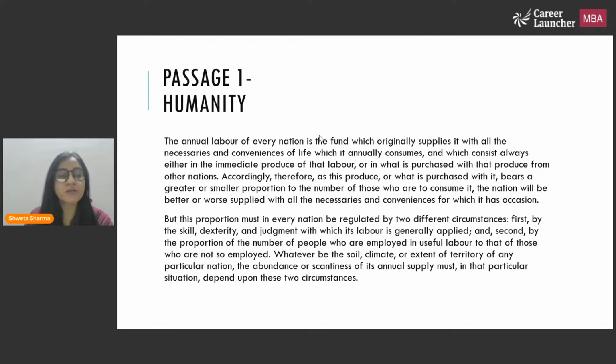Please have a look at the passage. It's a passage from Humanity. CAT is very famously known for throwing out passages on social science, humanity, which most of us do not like to read much. Please have a look at the passage. Let me know once you're done reading. I'll take you to the next slide.